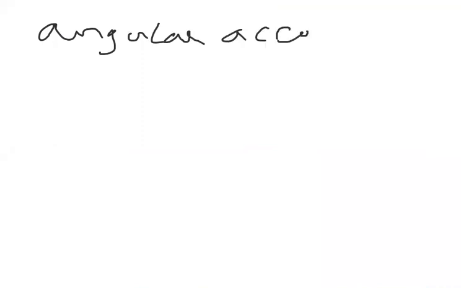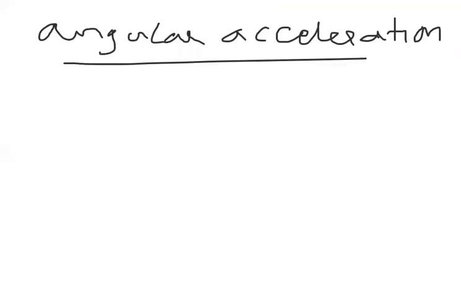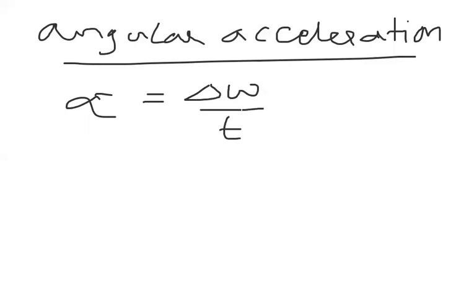I hope you are clear. Now, angular acceleration. What is the formula for angular acceleration? We denote it with alpha. Alpha is the change in angular velocity by time, just as acceleration is the change in velocity by time.